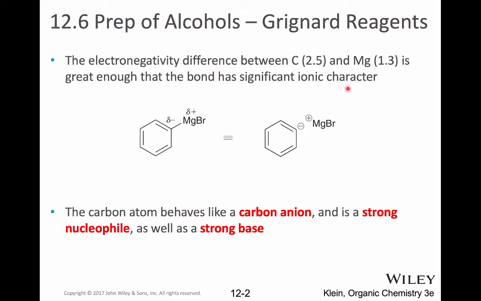That difference is significant enough that when you make the Grignard reagent, we actually don't want to think of it as this. We want to think of the Grignard reagent as this, as a carbanion. And as we know, when we put a negative charge onto an atom, that makes that atom a strong nucleophile or a strong base. So in this case, these Grignard reagents are carbanions where the carbon is nucleophilic and basic.